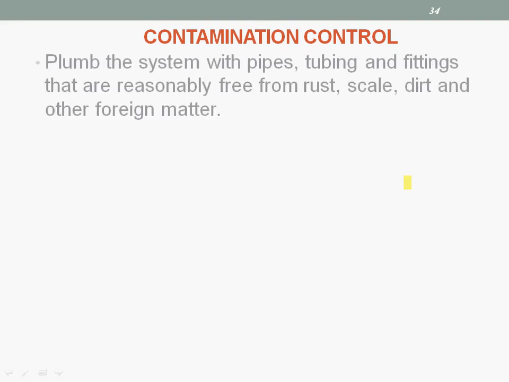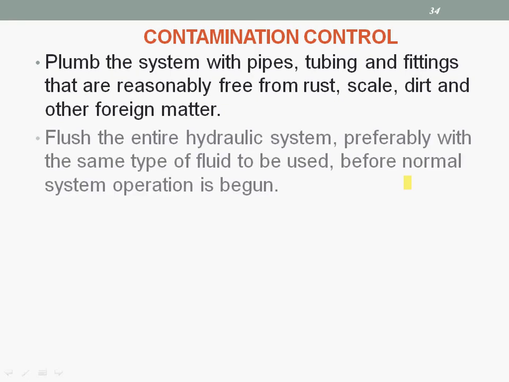Next, how to control those contaminants? By properly using pipes, tubings, and fittings which are free from rust, scale, dirt, and other foreign material. This is one precaution we should take in order to control the contamination.